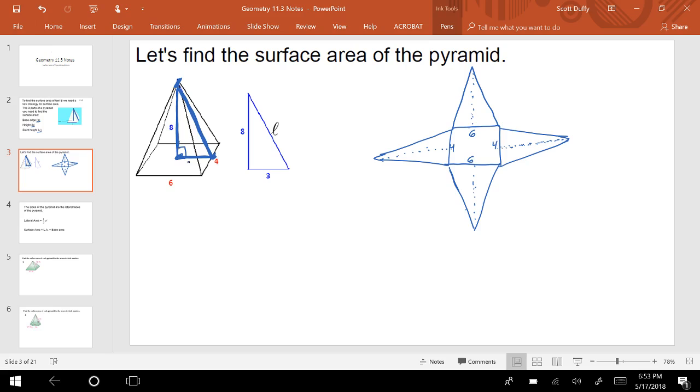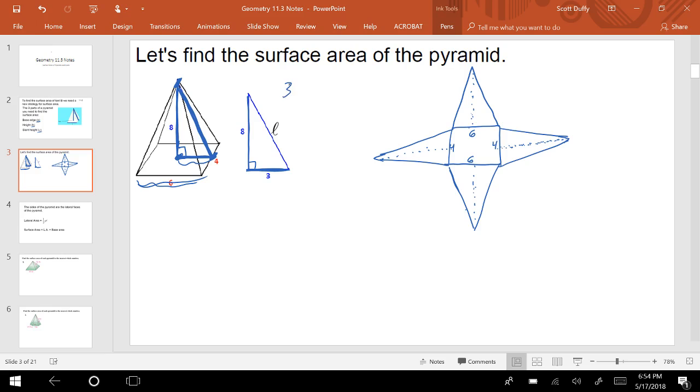Now we know that the distance from the center of the base to the outside edge, the base edge I should say, would be half of this distance. So if this is 6, then this would be 3, because it's halfway across. The height of this triangle, straight up, would be 8. The base right here would be 3. We can find that slant height by using the Pythagorean theorem.